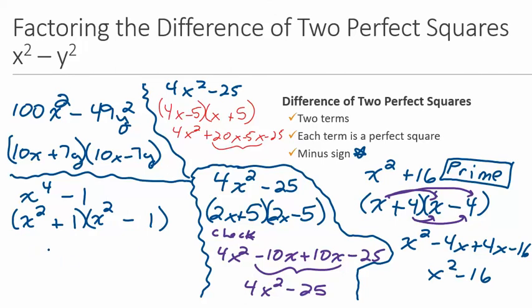Well, the thing is, you're not done yet because the second set of parentheses right here is the difference of squares again. Did you notice that? So we can factor this again. The first set of parentheses, the x squared plus 1, it may not be your first set. You may have written the plus and minus in a different order, but the one that had x squared plus 1, that's not factorable because it has a plus sign.